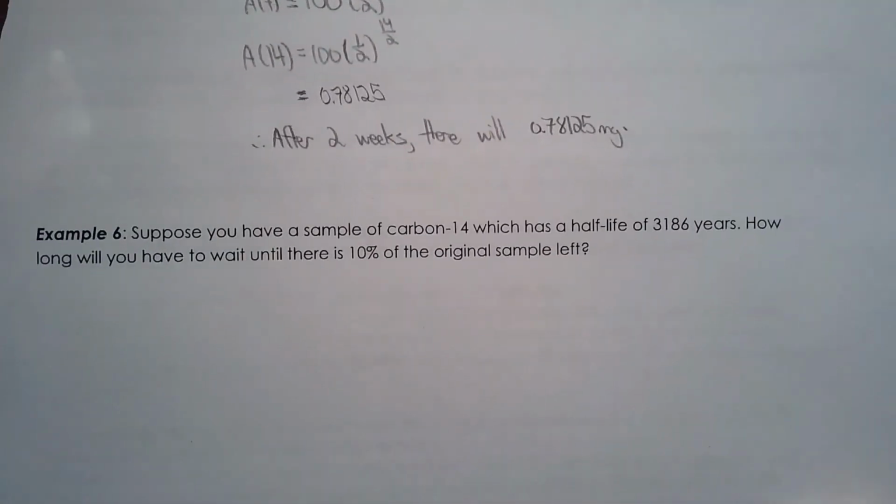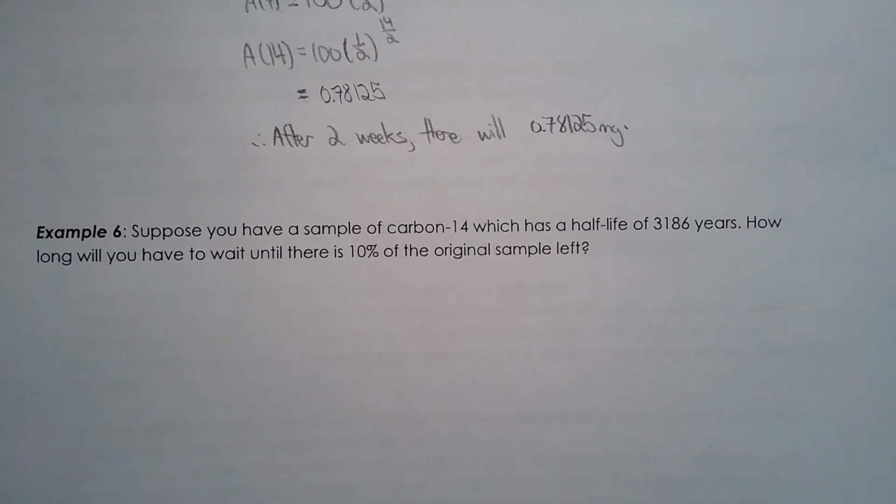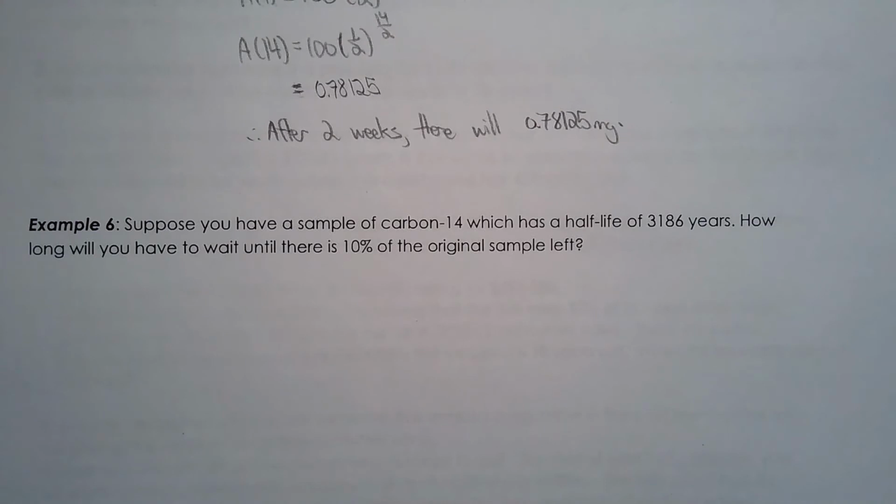So, suppose you have a sample of carbon-14, which has a half-life of 3,186 years. And I think that's actually a lie, because I think the half-life of carbon-14 is more than that.